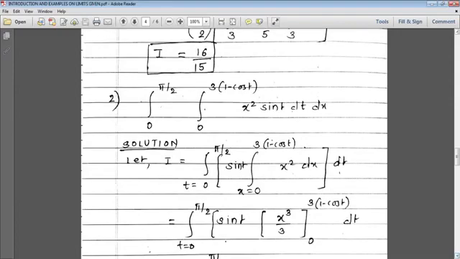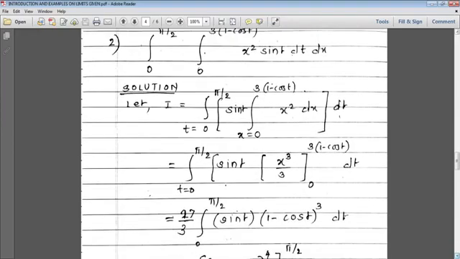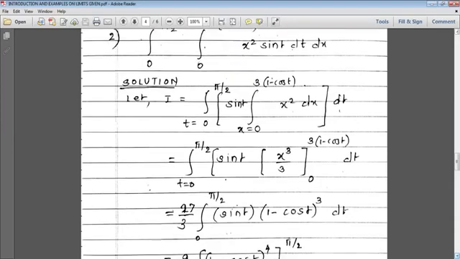Now the integration of x square is x cube by 3, and the limits are 0 to 3 in the brackets 1 minus cos t. Upon substituting the limits, we have the constant 9 outside and the integral 0 to pi by 2 sin t into 1 minus cos t the whole cube dt.